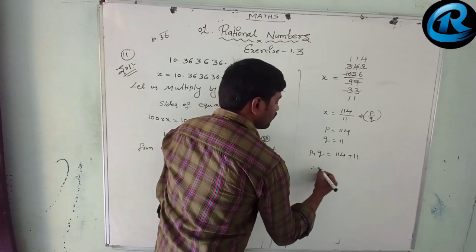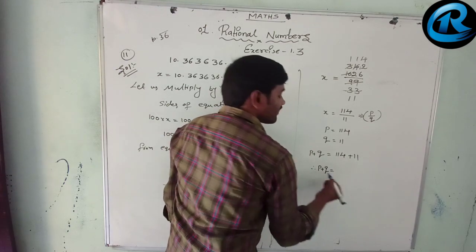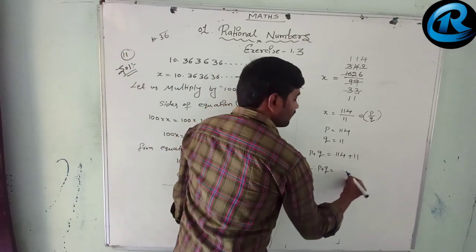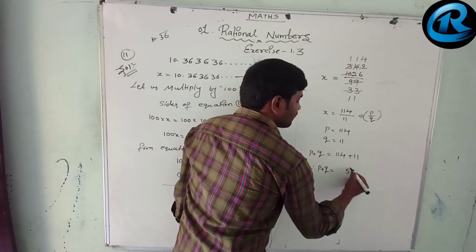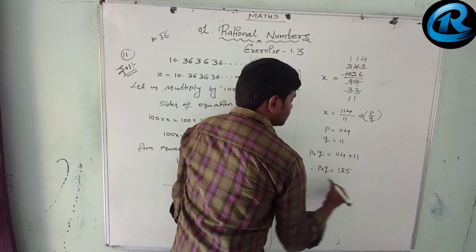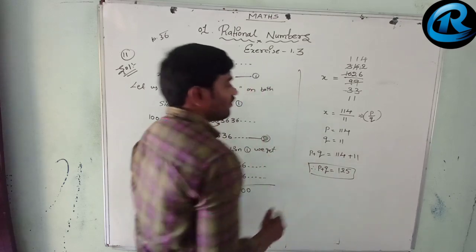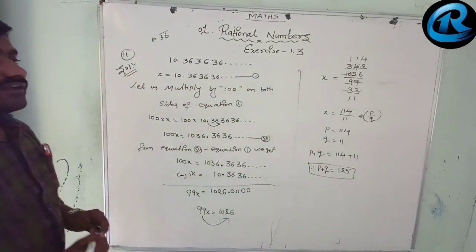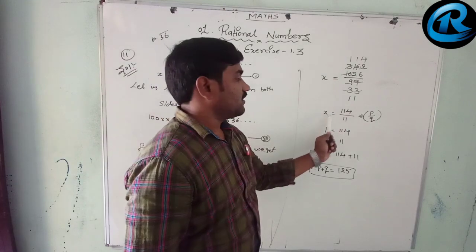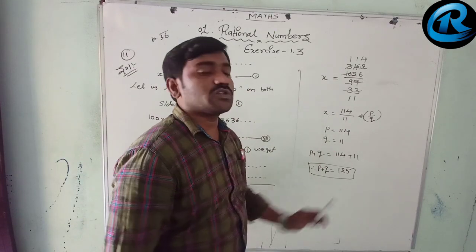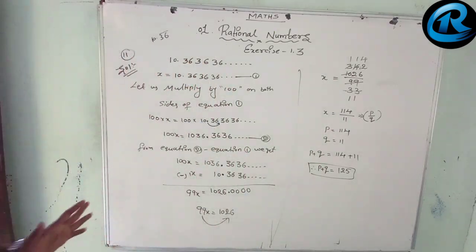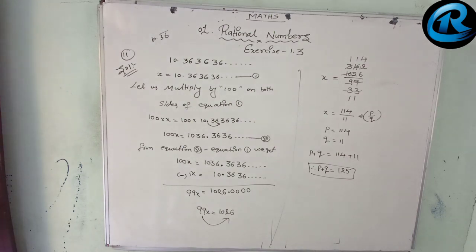We were also asked to find p plus q. 1 plus 4 plus 1 is 5, 1 plus 1 is 2, that is 125. Previously we used to do only up to here. Now we are asked to find p plus q also. That is a small change, but the same procedure of completing the solution.